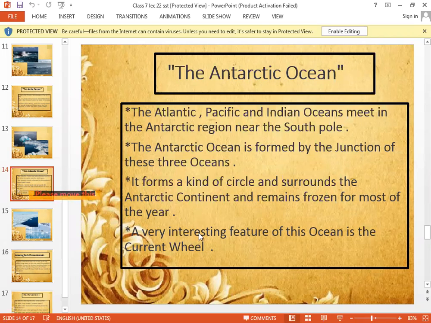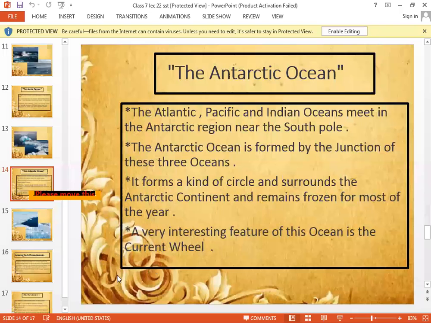And a very interesting feature, as I told you, of this ocean is current wheel is also called the Antarctic gear, and this is a clockwise movement of the water, which is caused by the water rushing in the form of these three oceans. सो ये जो तीनों ओशियंस आपस में मिल जाते हैं, इनकी वजह से एक क्लॉकवाइज फॉर्मेशन पानी की आ जाती है, and that is why it is called a current wheel and a current gear.